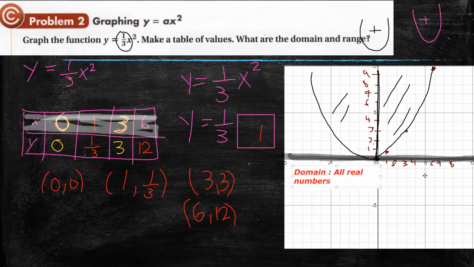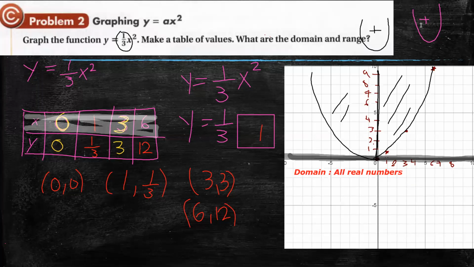So this is now for the domain. It's all real numbers. Now what about the range? The range is all the y-axis. To find the range, you have to look at my graph here. Look at the graph. Is there any graph on the negative y-axis? No, it's only in the positive y-axis.